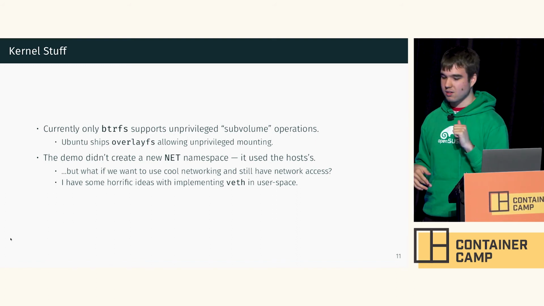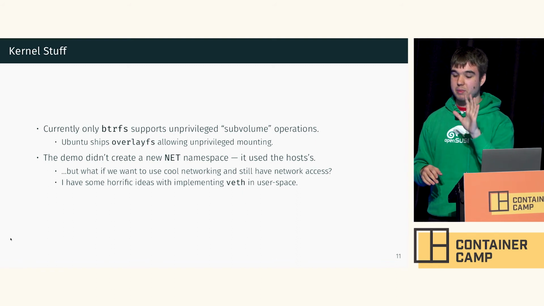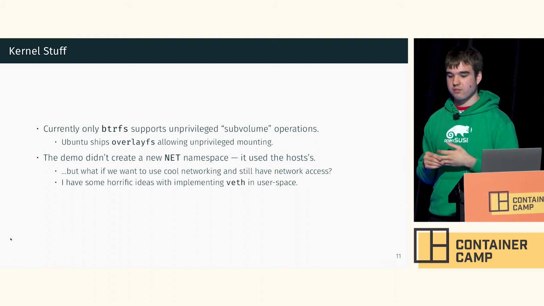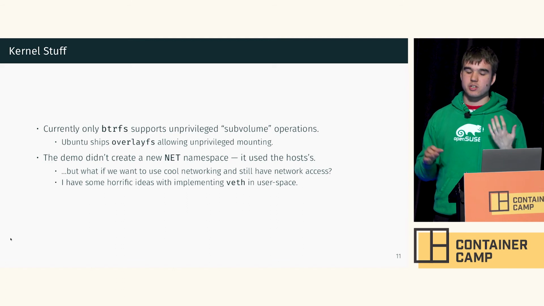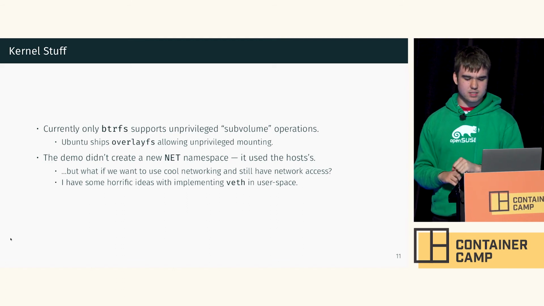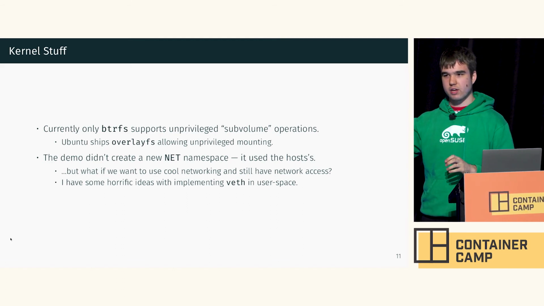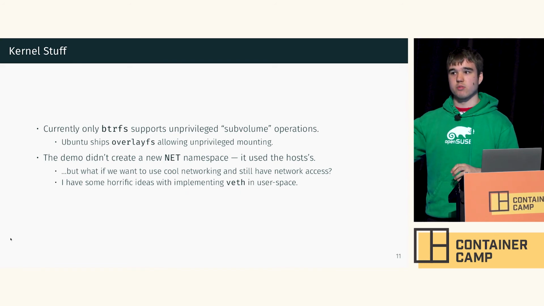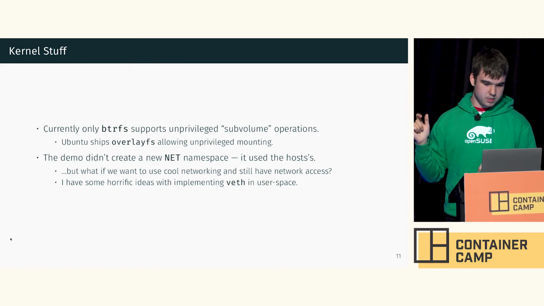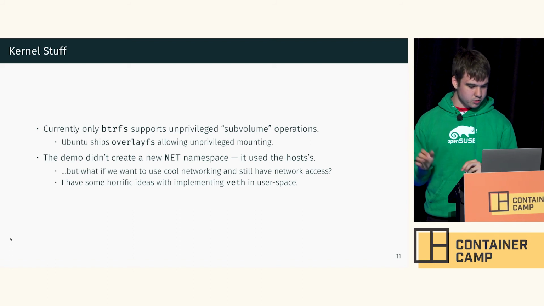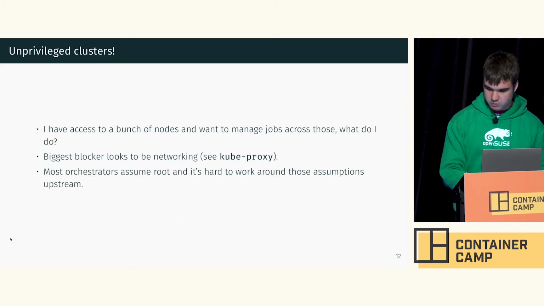You'll see in the next slide the crazy ideas I have about that, but basically, what if you wanted to do this stuff? There's no real way to do it. It is actually a kernel problem, but I had some very, very horrible ideas about how you could try to implement VF bridges in user space using tun and tap interfaces. I'm not going to go into it because that is actually a horrific idea, and let's not go into that.